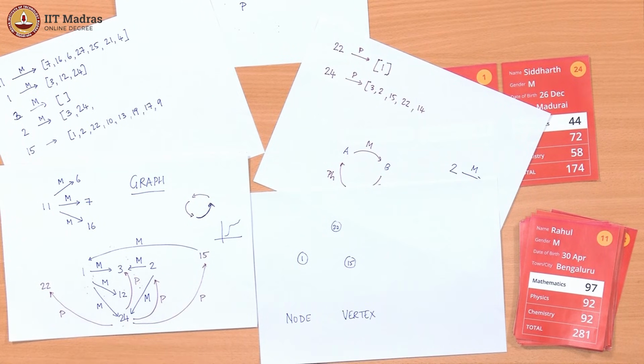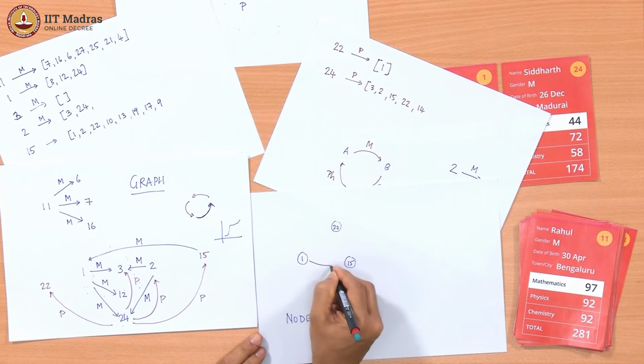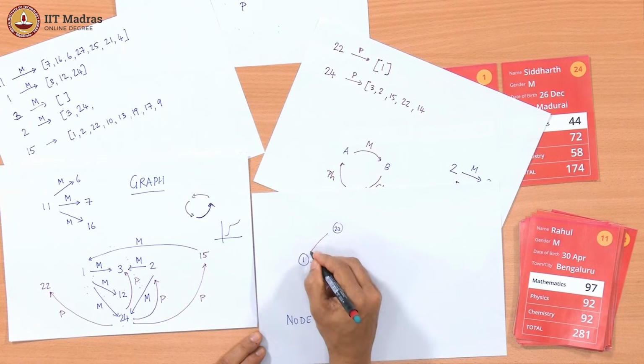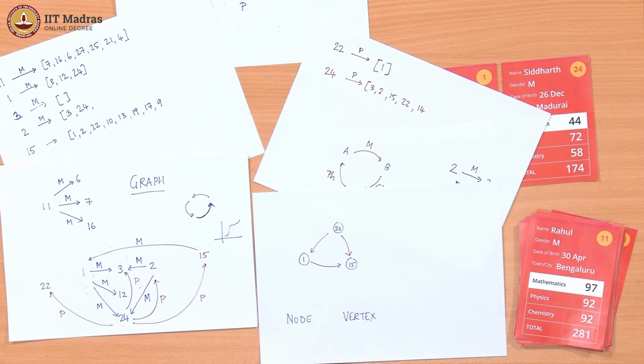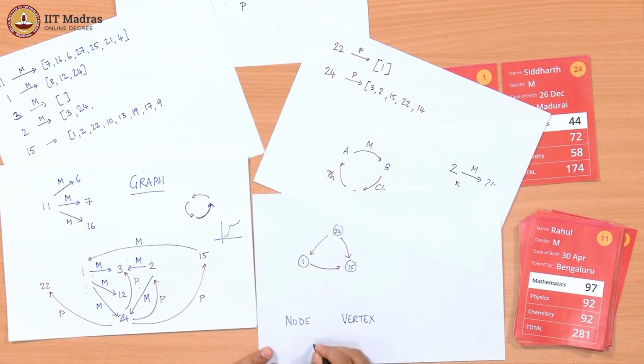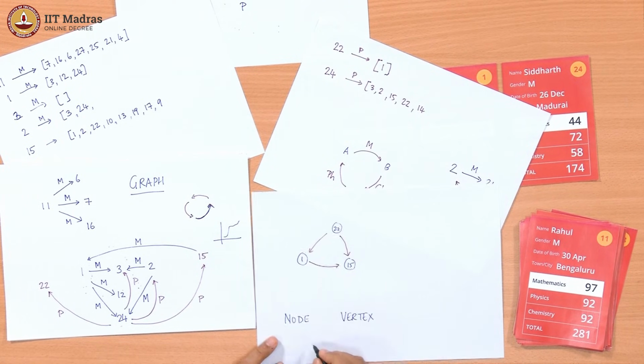Here the items are the cards corresponding to the students, and then we draw these connections between them in different directions. And these are called edges. So edges connect these nodes.